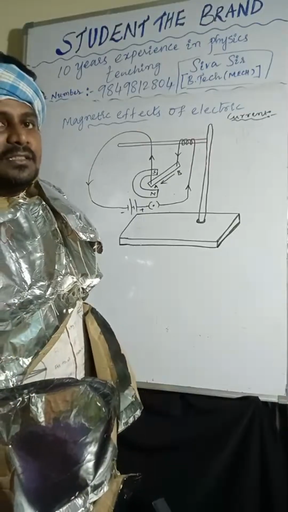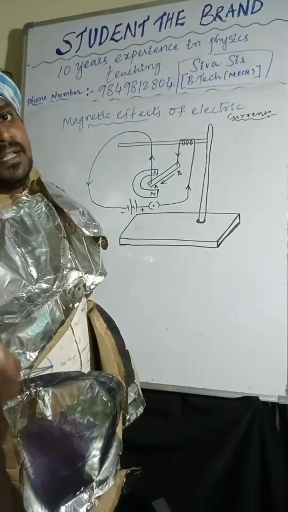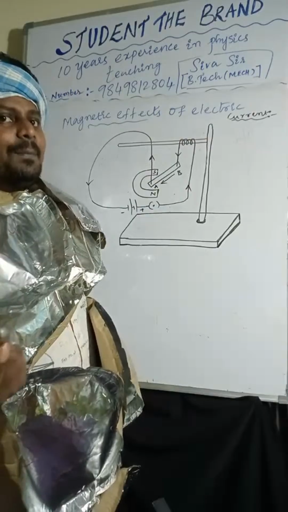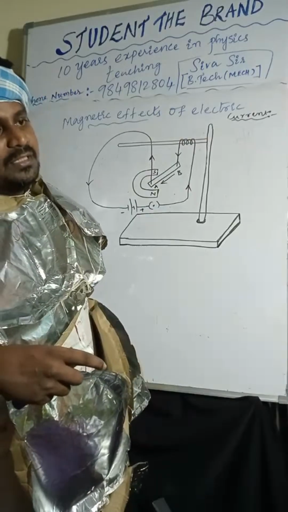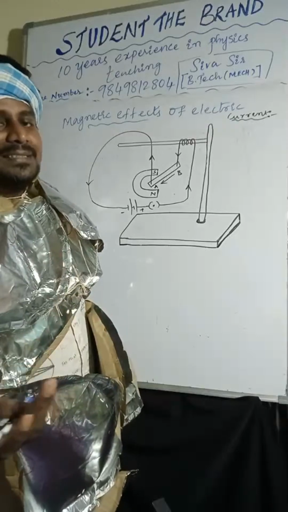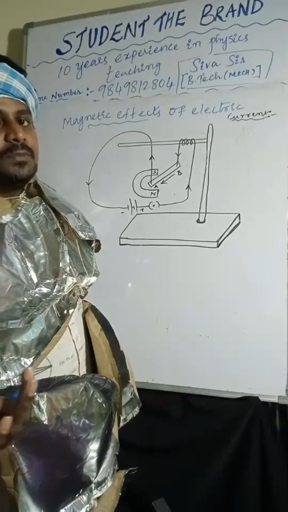It safeguards the appliances. So that is about the fuse. Short circuit: the direct contact of live and neutral takes place.